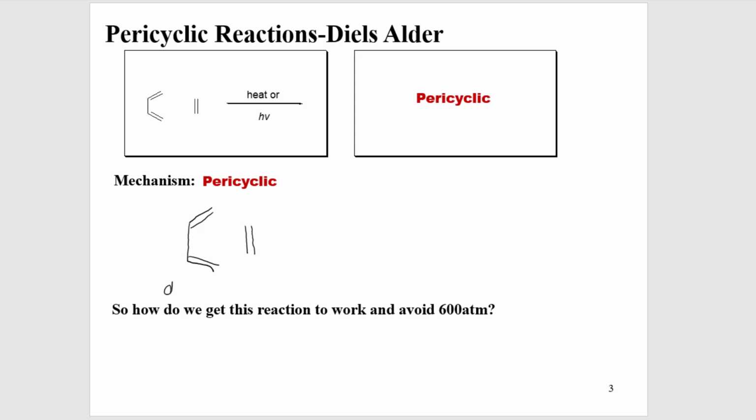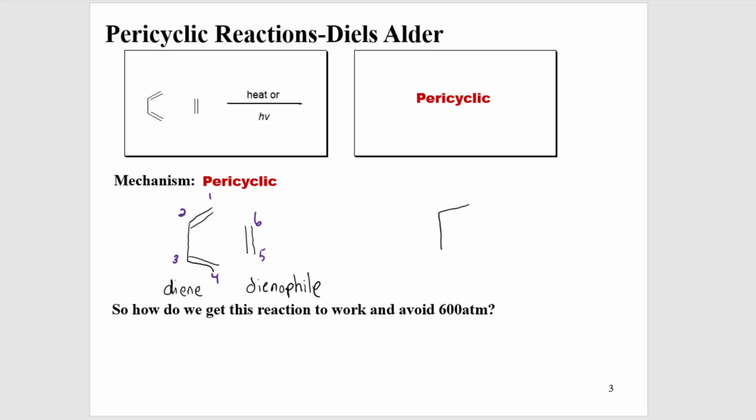As I mentioned, this is the diene, and this is the dienophile. I like to number my diene 1, 2, 3, and 4. Find the dienophile, because what you're going to find is that in the Diels-Alder reaction, you'll always end up with a 6-membered ring.